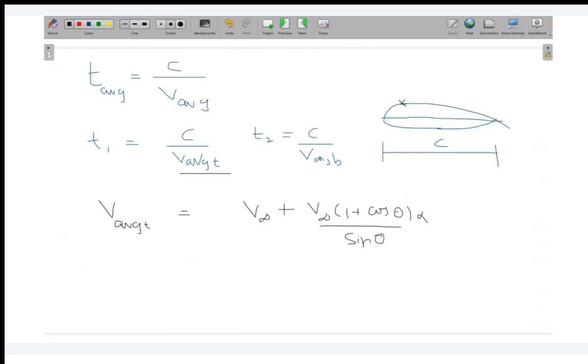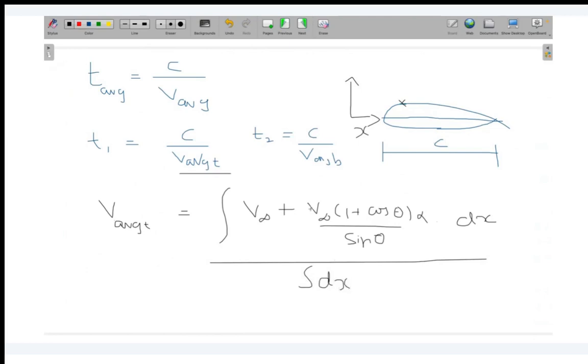And this, if I were to integrate with respect to x, because the coordinate system is x, and then divide it by the entire length scale in the x direction, that is integral of dx, that basically gives me my average velocity.